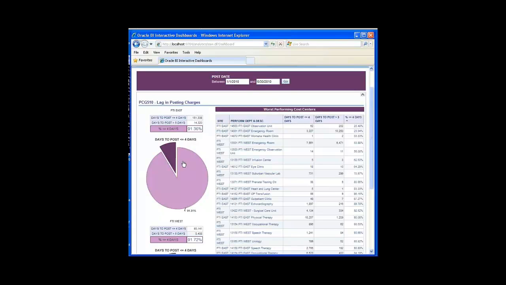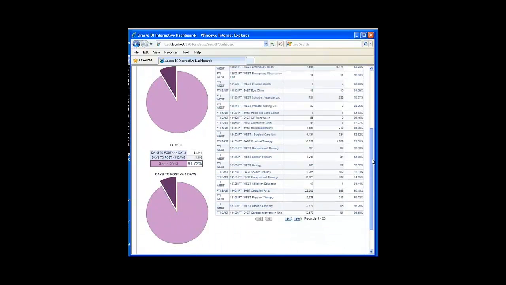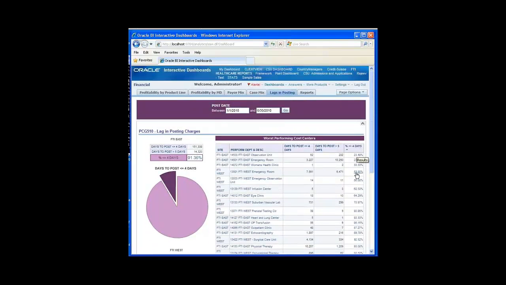So for the 6-month period, there were about 165,000 or so charges posted. 91% of them were posted in 4 days or less, right? So then I'm also seeing over to the right what that breakout is by individual department. So which departments had a high rate and which ones had a low. So I'm sorting it from worst to best.